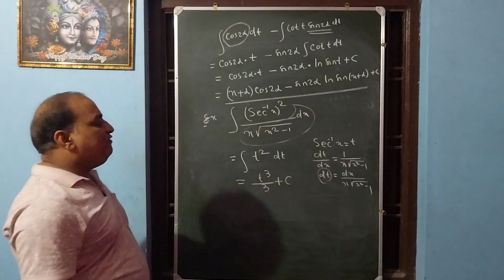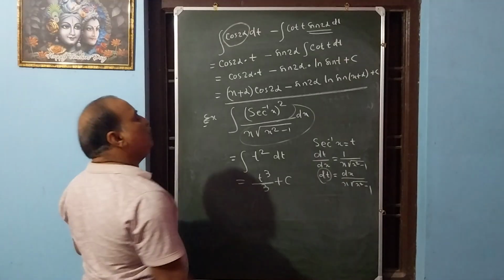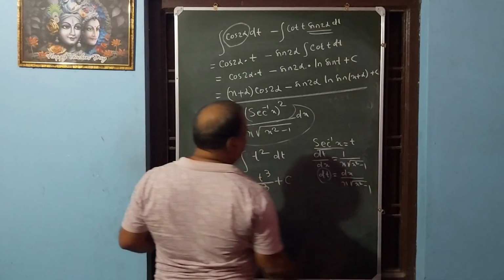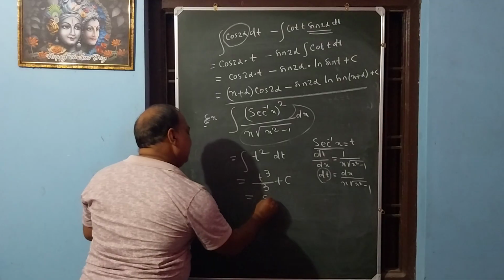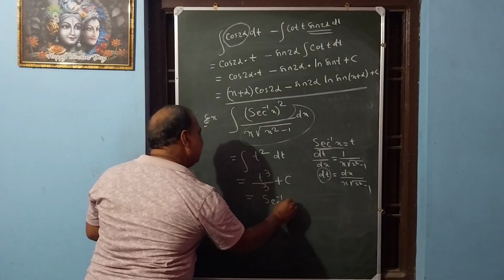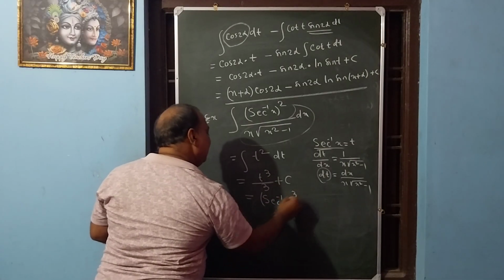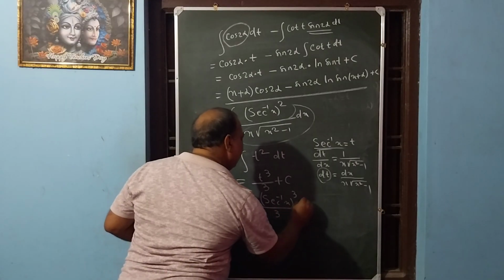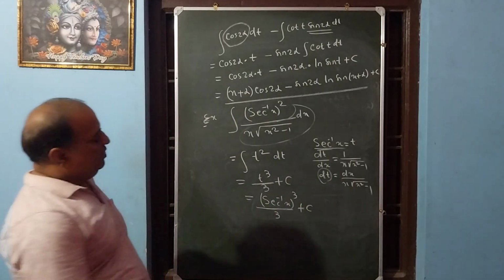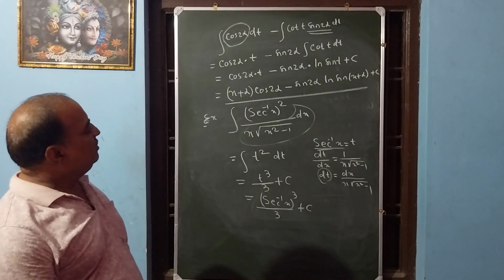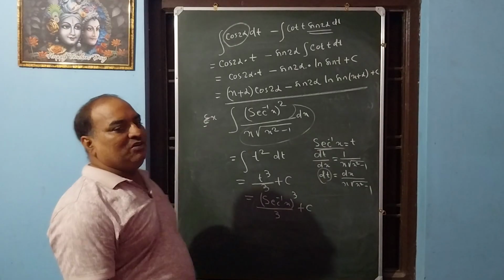So now in place of t, we have to put sec inverse x. So we get (sec inverse x) to the power 3 divided by 3 plus c. This is the answer of this question.